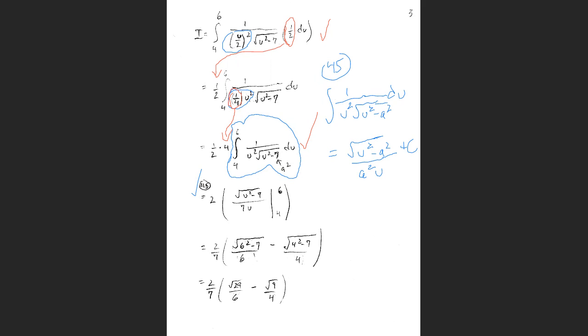And so when I apply formula 45, since a is equal to the square root of 7, this is going to be my antiderivative.